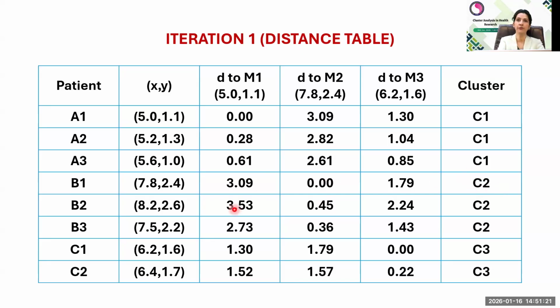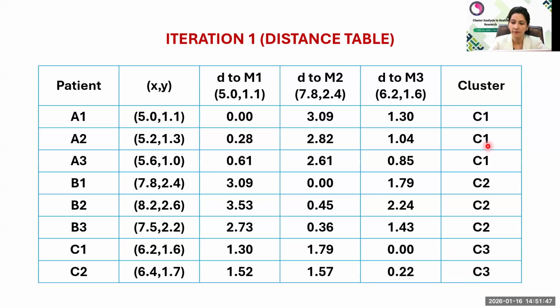In B2, if you see, 0.45 is minimal, so it will go into C2. Again, if you see the B3, it is 2.73, 0.36 and 1.43. So 0.36 is minimal. So it will go into C2. And if you see the last one, since this was the centroid, this will go in C3. And this is the least, 0.22. This will go into C3.